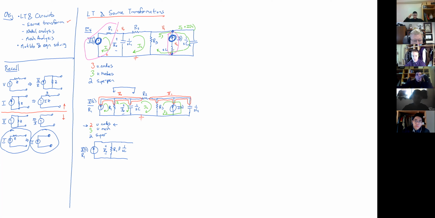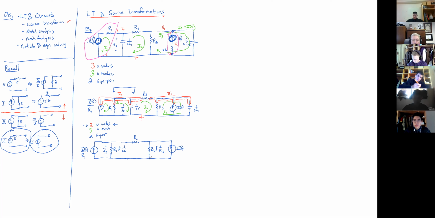Thank you. Awesome. Okay, so now we're just simplifying resistors here. We've got R2, which is still our lone holdout, but now we can simplify R3 with the 1 over SC2. And now we're just left with this.